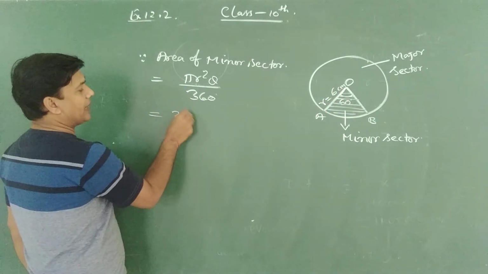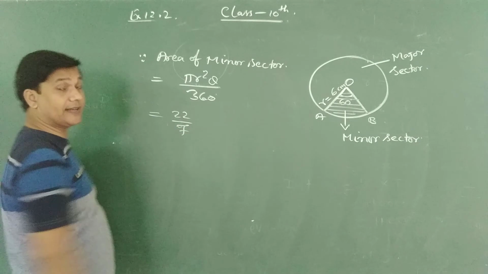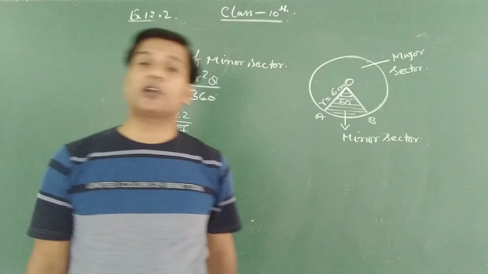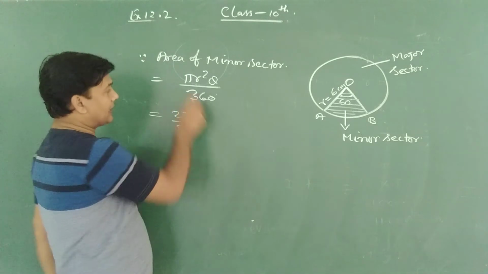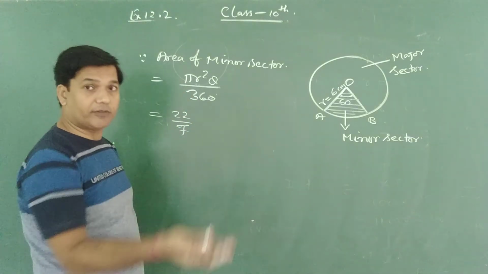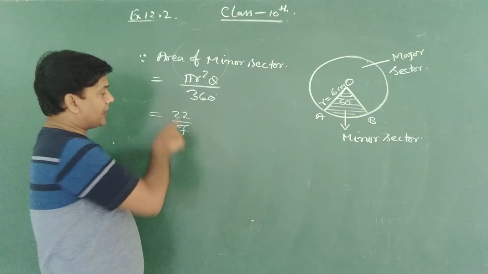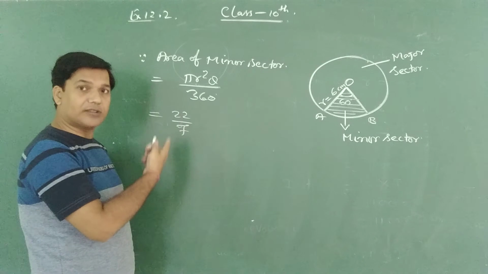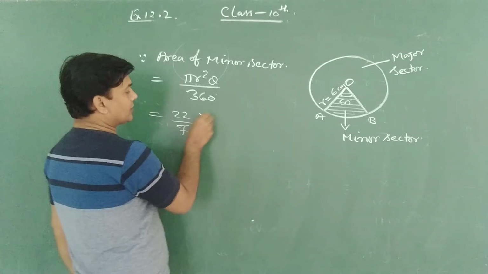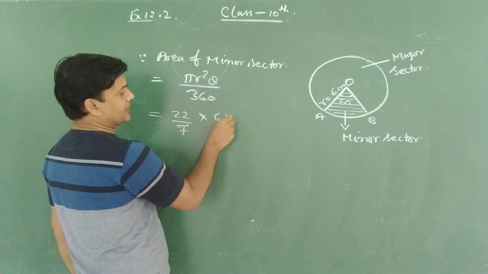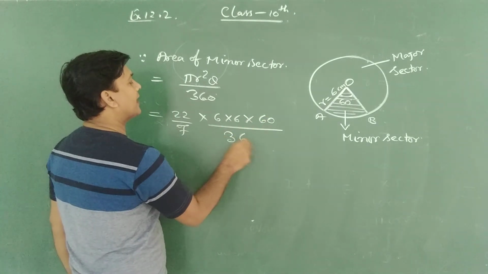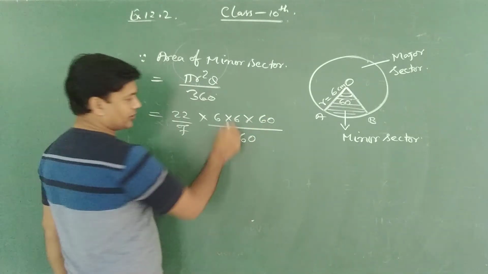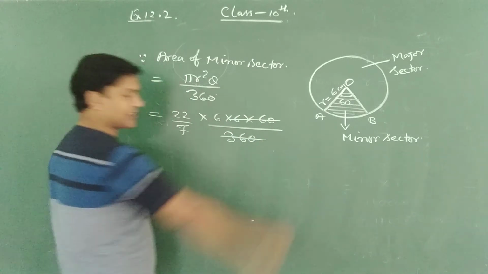The value of pi, as you know, is 22/7. And if in the question 3.14 is given, then you have to apply that same thing. But here, if 3.14 is not given, it is compulsory or essential to apply 22/7. So the radius is 6, 6 into 6, theta is 60, and in denominator we have 360. So 360 cancels with this 360.